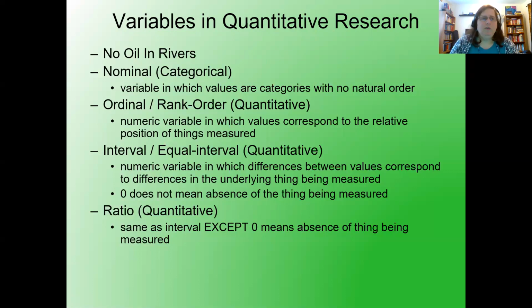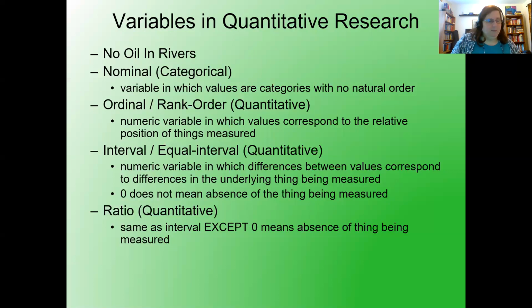So we've kind of already talked about nominal or categorical variables. These are variables in which the values are categories with no natural order. Again, things like gender, ethnicity, major in college, eye color, etc. Ordinal or rank order is when you have a numeric variable in which the values correspond to the relative position of things being measured.